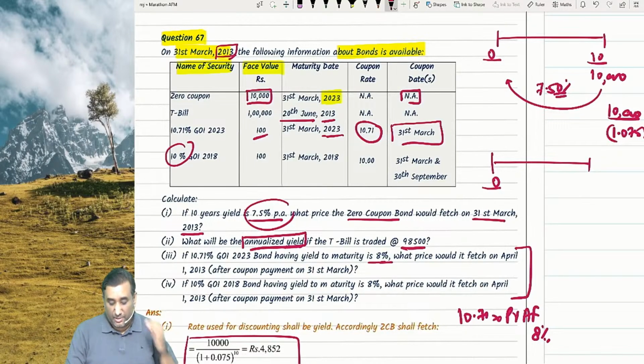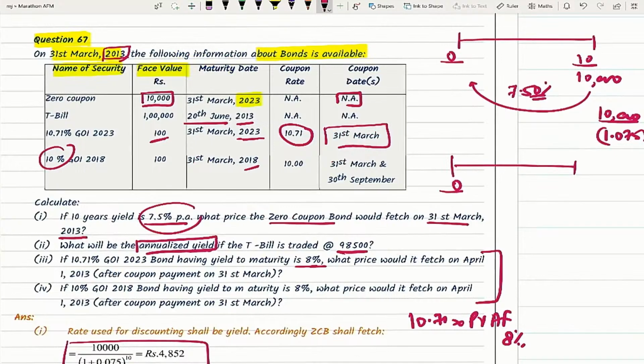So the period will become double. 2018, 5 years means the period would be 10. So it is a normal calculation of intrinsic value, nothing else.